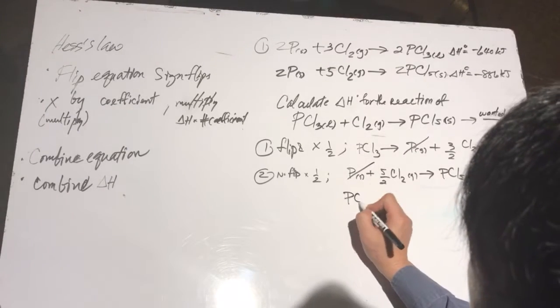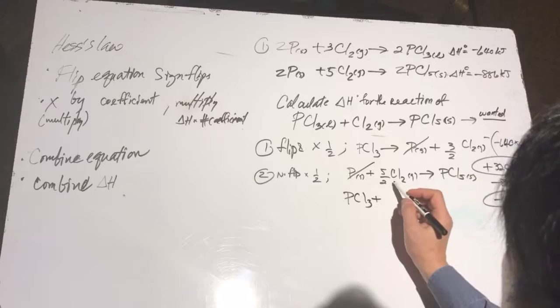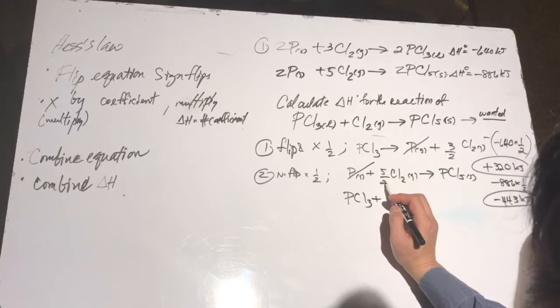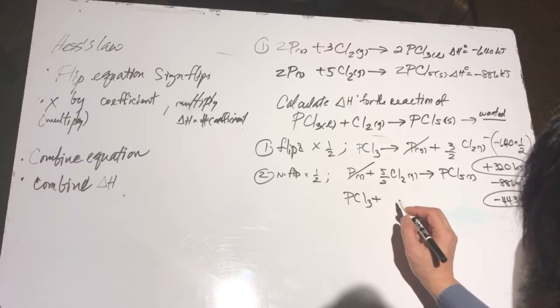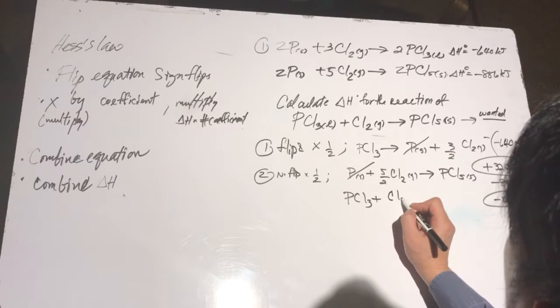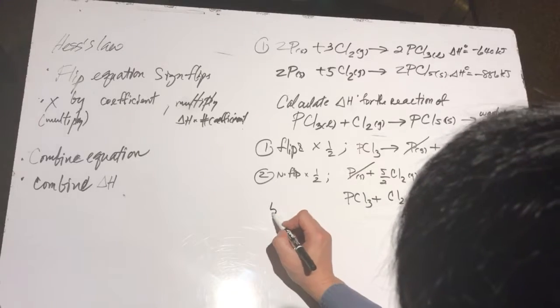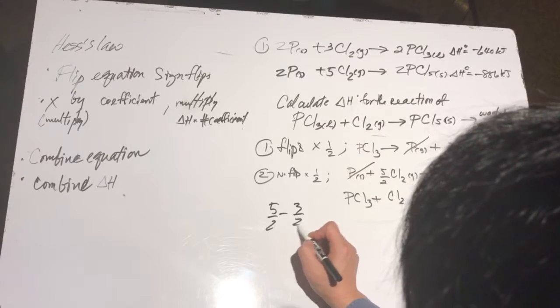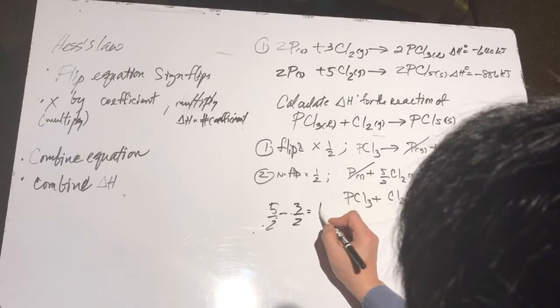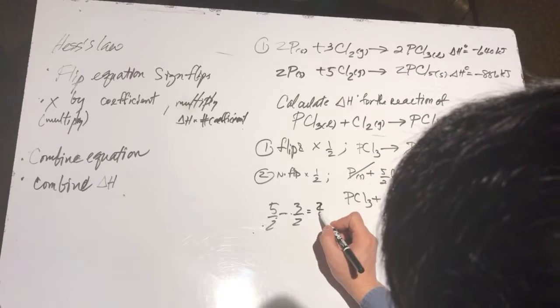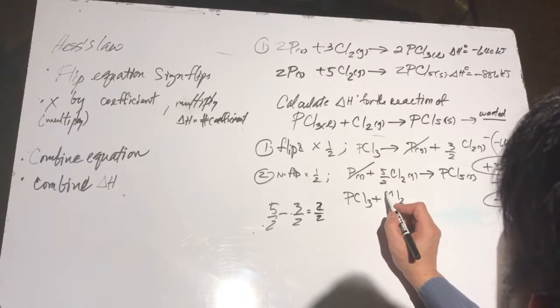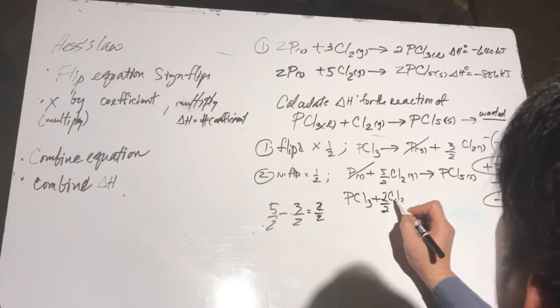So what we have left is PCl3 plus Cl2. We have fractions, so we do it on the side. 5/2 minus 3/2 basically gives me 2 divided by 2, which is 1.